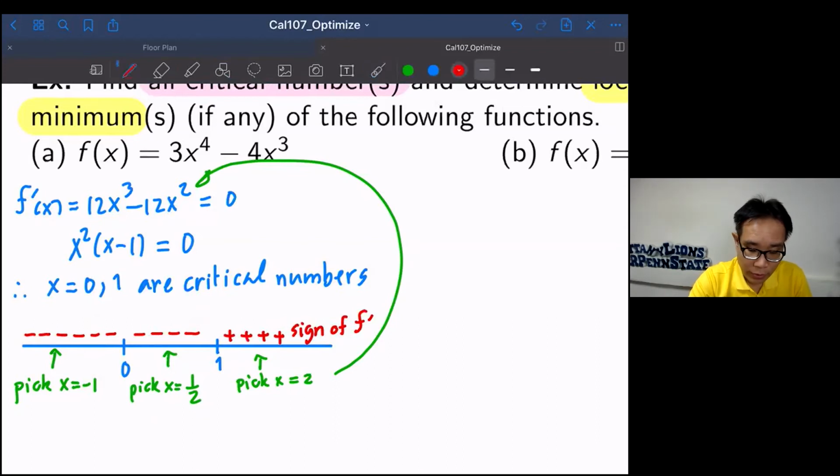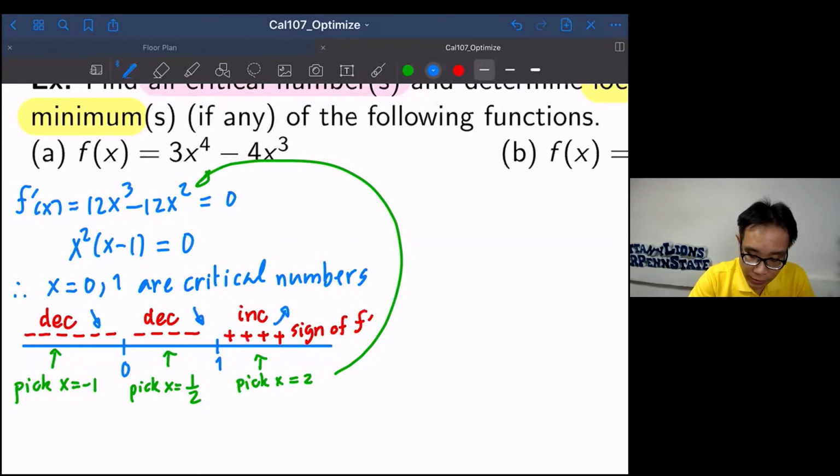So you're going to say that this is going to be decreasing, decreasing, and increasing. So you have decreasing, coming down, decreasing, coming down, and increasing, coming up.